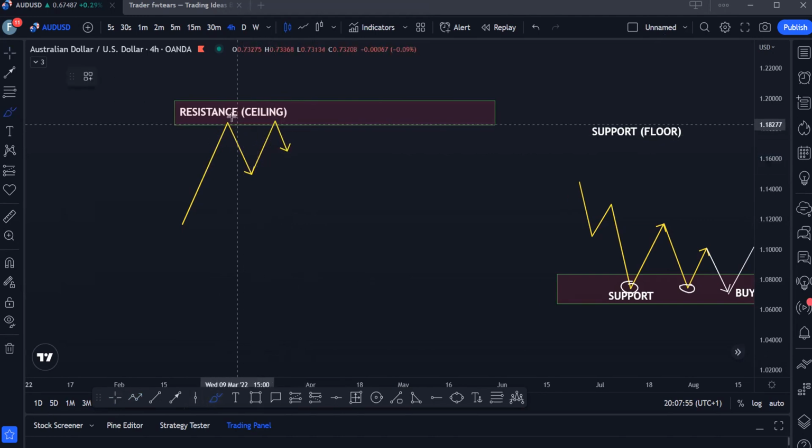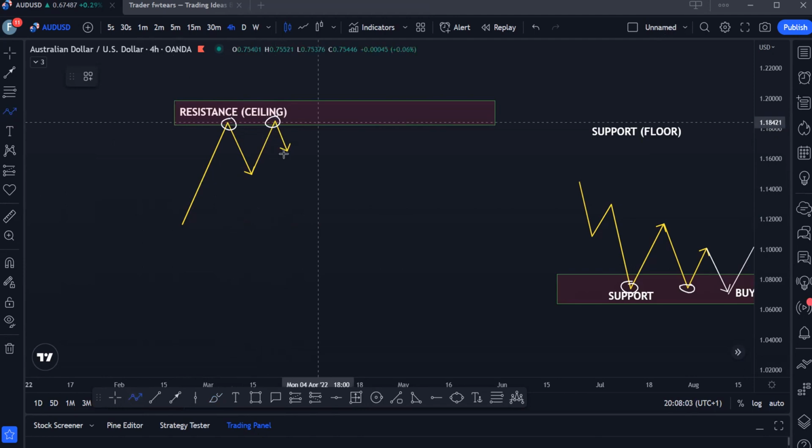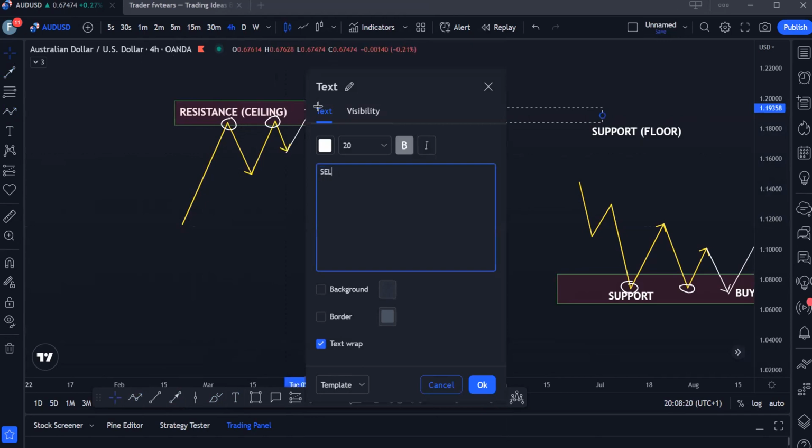It means that this resistance is doing what it's supposed to do. It is holding. So at the 3rd touch, when price goes back into that resistance, based on your confirmations, you want to be looking for sell entry. So you want to sell here.